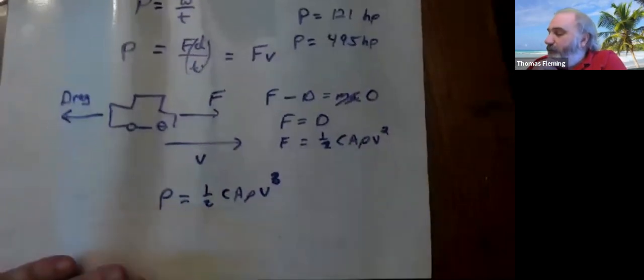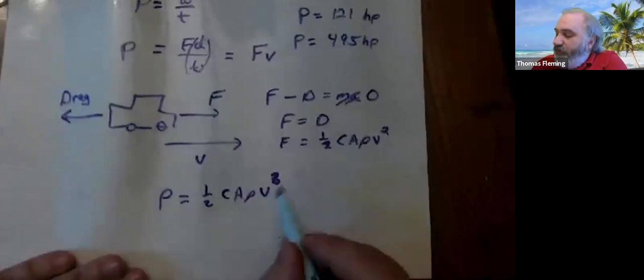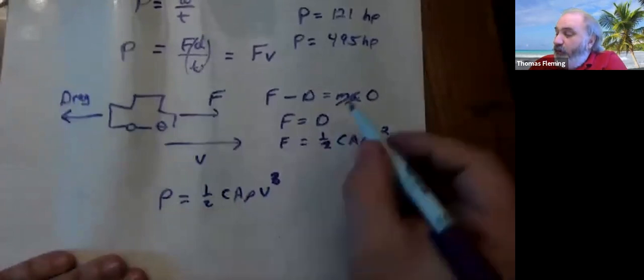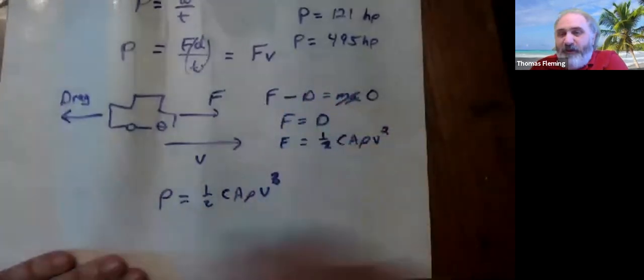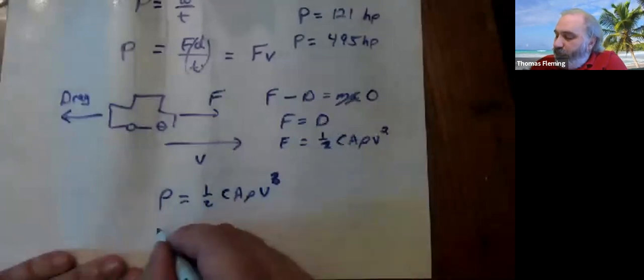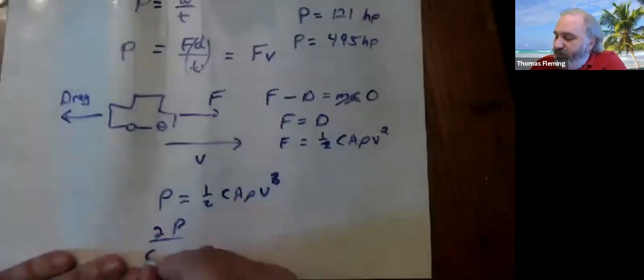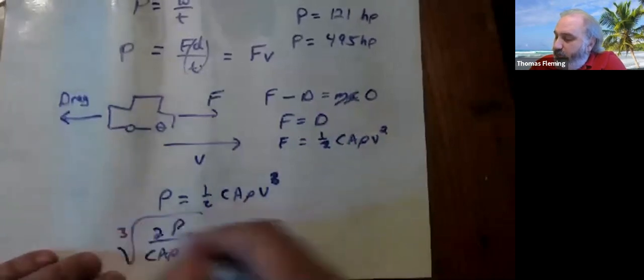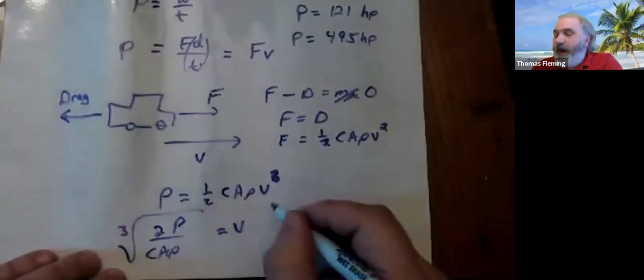And what that means is that if I solve this for the velocity, that's going to give me the highest velocity I could possibly have, because that's the place where these two things exactly equal. I can't speed up anymore.